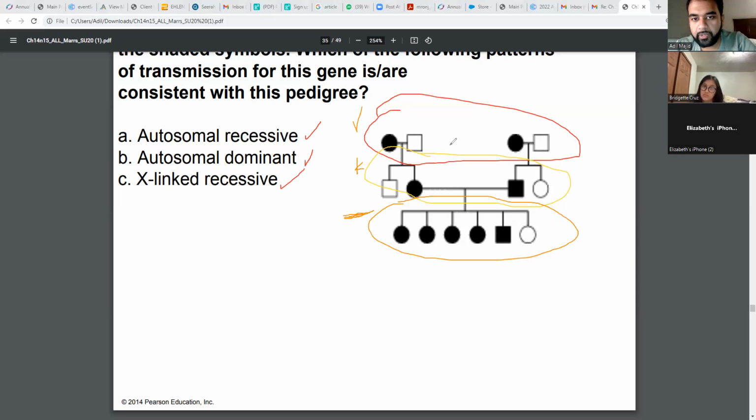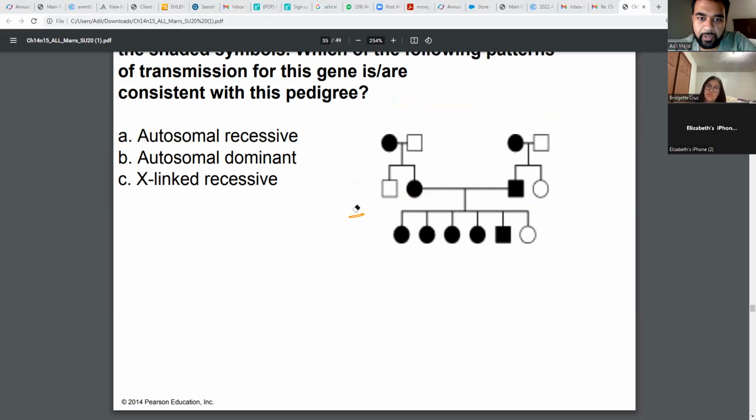Now, if we just looked at one, we don't have enough information to be able to answer these questions. If we look at a second, we have more information, but still not enough. By looking at a third generation, now we have enough information to make some guesses, okay? So whenever we're doing this, the easiest way to start is by looking at, is it X-linked recessive, okay?